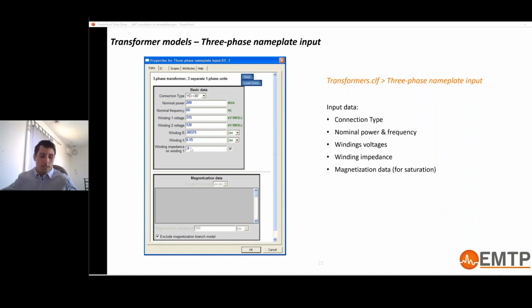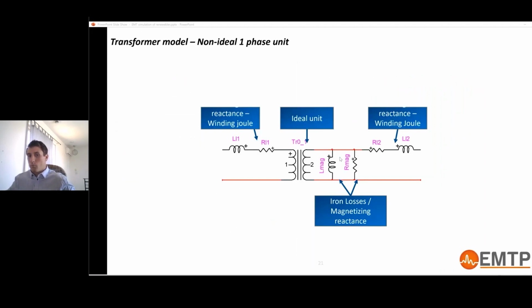Now the parameter I was discussing before is this one, winding impedance on winding 1, which is the proportion of total impedance at the primary of the transformer. When you do a switching, it's not so important because you have high frequencies, and for a high frequency, it will not really get to the middle point here.